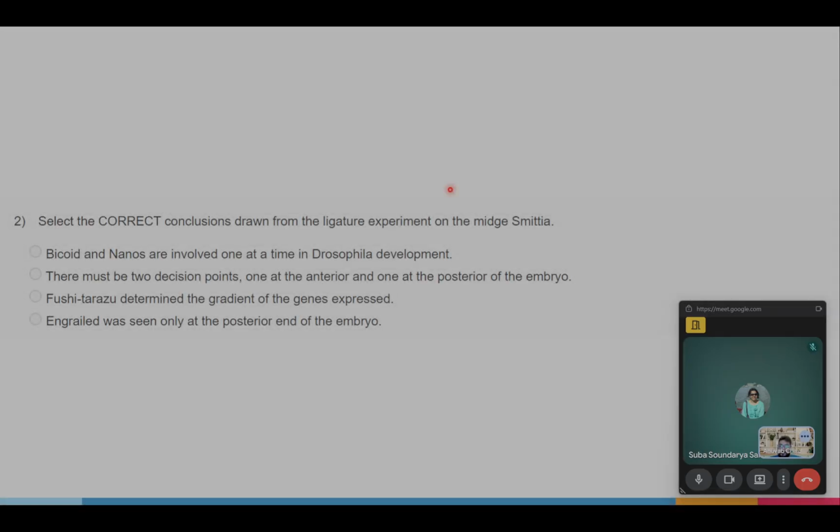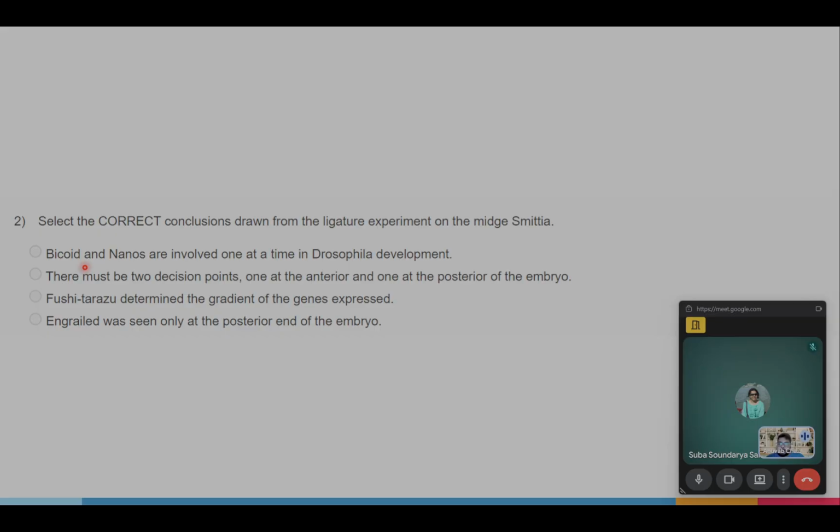So the first question that we will tackle today is an experiment that we dealt with in the course's lectures, and the question is based on this. Select the correct conclusions drawn from the ligature experiment on the Smittia.